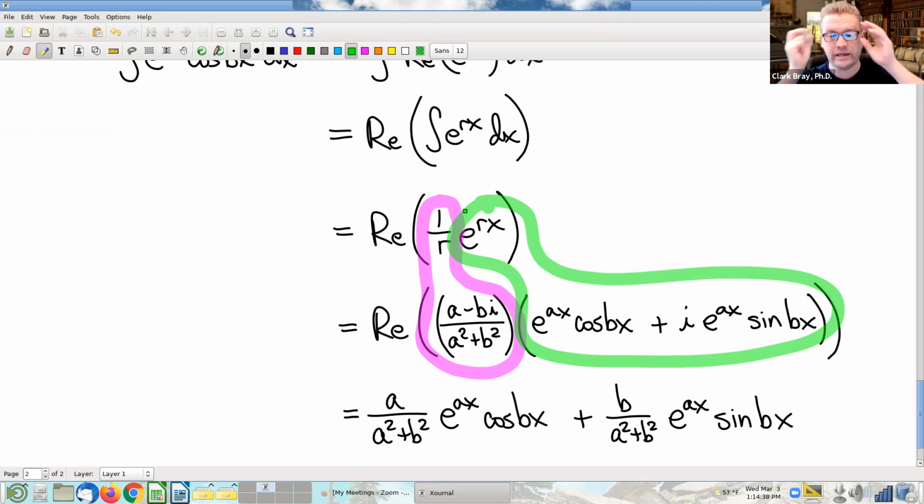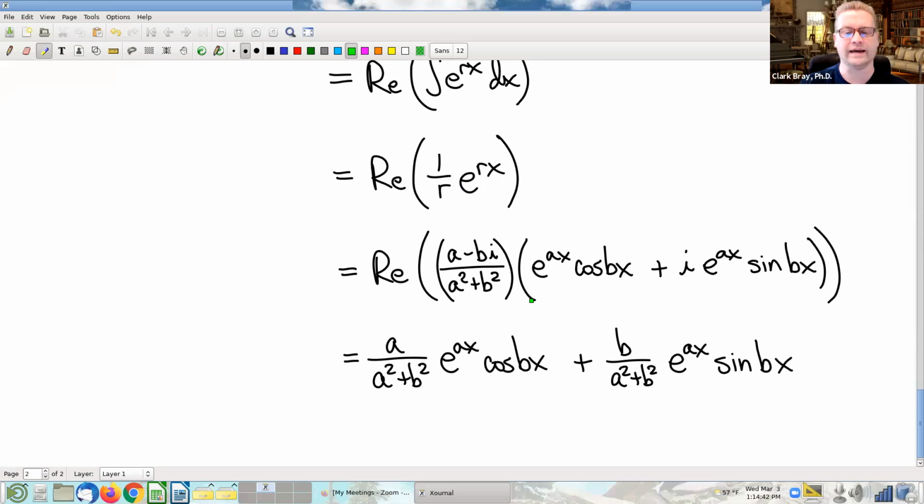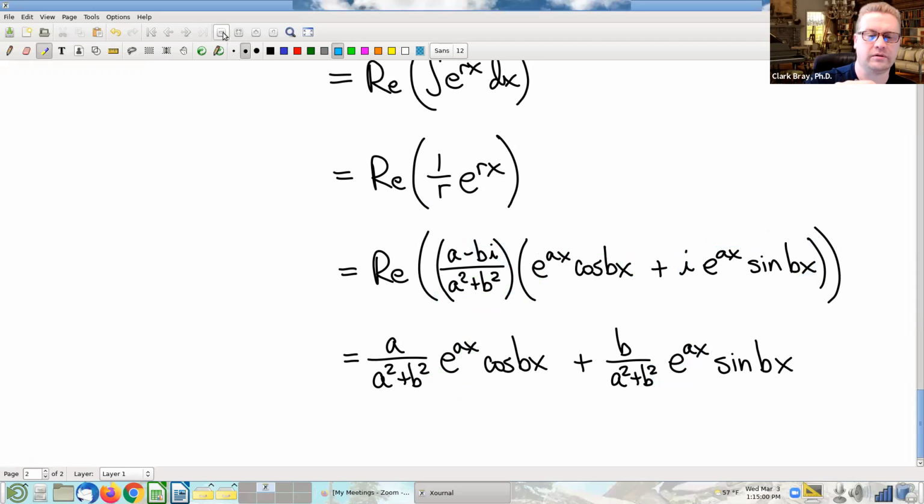Not that big a deal. And then it just boils down to multiplying out, sort of foiling out, if you will. And you'll notice that real times real gives us that term. Imaginary times imaginary gives us that term. And we are done. Not that much trouble.